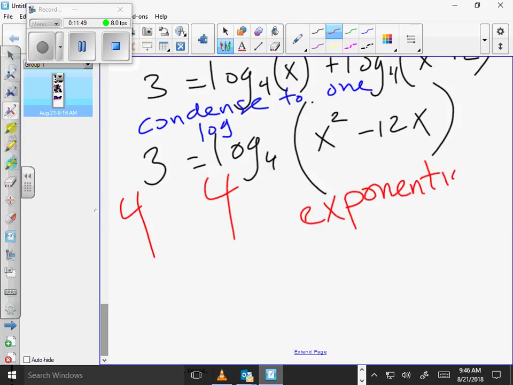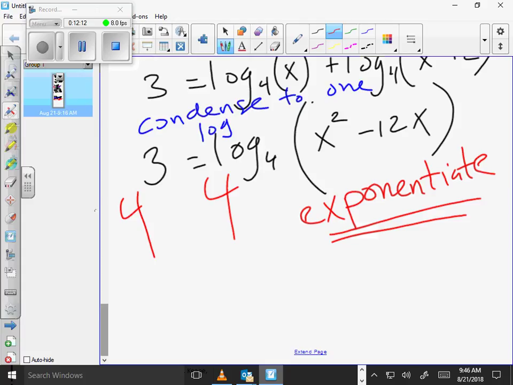Exponentiating, the last of the properties on Ben's list, the one I provided, is 4 raised to the log base 4. These are inverses and undo each other. This is how I solve a log equation. I need to exponentiate. In exponential equations, I would have to take the log of both sides, or the ln of both sides.